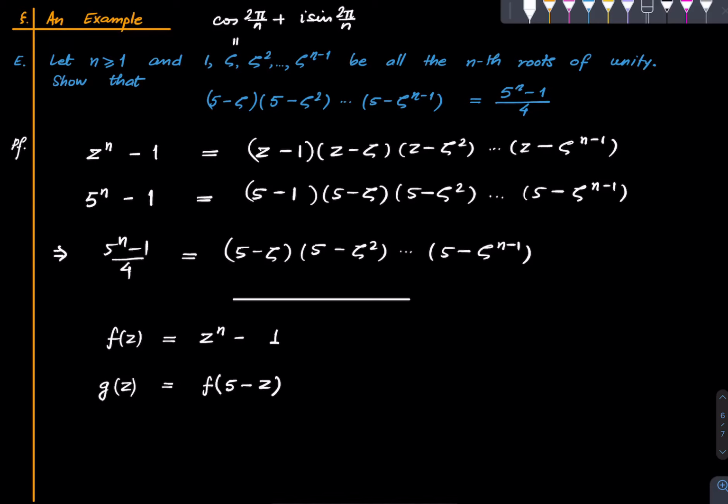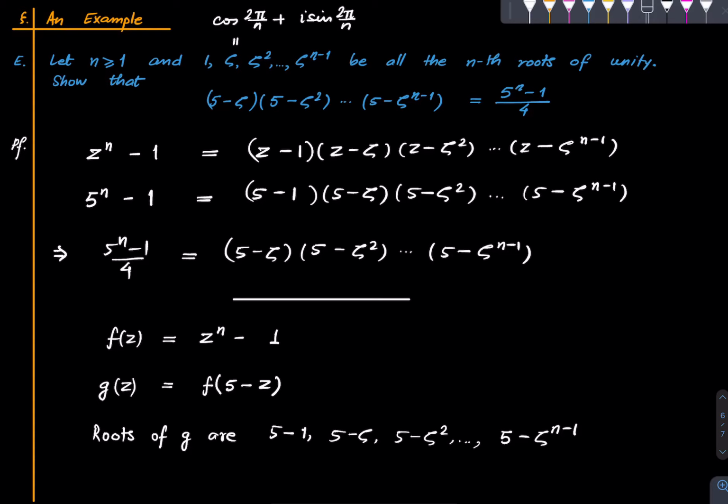If we define it that way, this is of course a polynomial, g of z. When we define g this way, this is a polynomial. And the roots of this polynomial are precisely, so the roots of g are 5 minus 1, 5 minus zeta, dot dot dot, 5 minus zeta to the n minus 1.